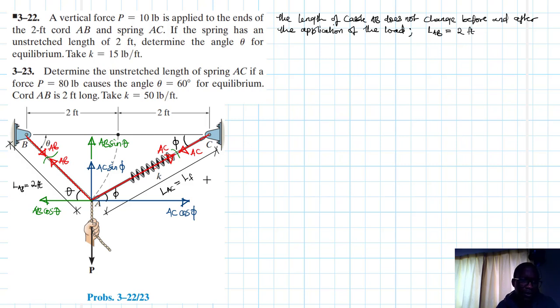Okay. So again, the unknowns are more. We have phi, theta, AB, and AC. So the more the unknowns, the more the equations are needed, right? So right now we need a minimum of 4 equations. So let's reduce this so that we are able to solve this.